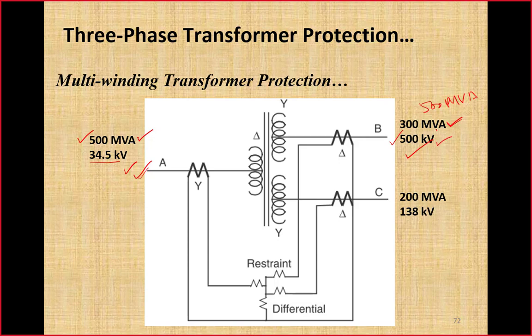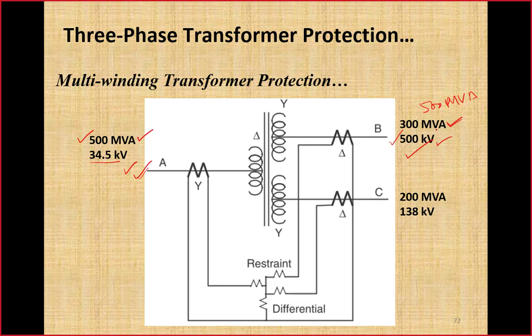In this condition, the configuration of the transformer is exactly the same as in the previous example: a two winding transformer where delta was rated at 34.5 kilovolt and Y was rated at 500 kilovolt. Both power ratings for the windings were 500 MVA.